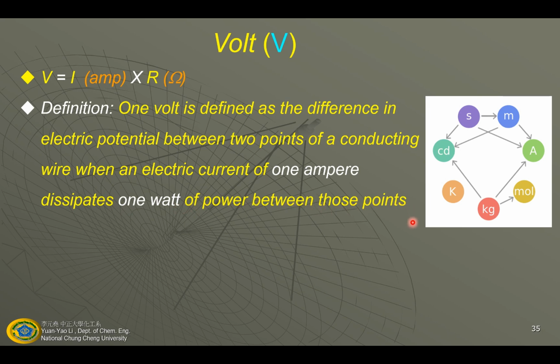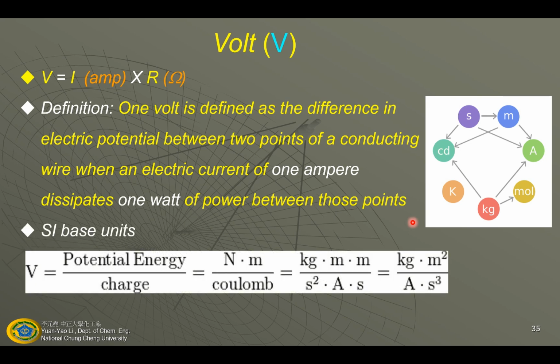You might get confused, but let me write it down for you. Volt is the potential energy. This is the unit of energy divided by charge. The unit of charge is called coulomb. Okay, you know energy is Newton force times meter, right? So how about the coulombs? Coulomb is amp times what? Second. So this is the unit of the energy.